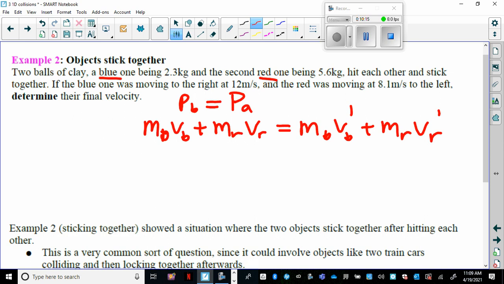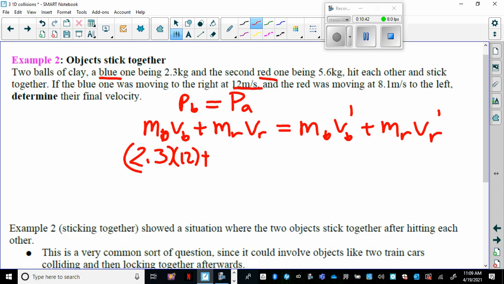Now, you're going to look at this and you go, oh, there's a problem here. What is the problem? The problem is if I plug in all the numbers, and let's do that right away, actually. Let's plug in the numbers. The mass of the blue is 2.3, and its velocity is, the blue ball was moving to the right at 12 meters per second, 12.